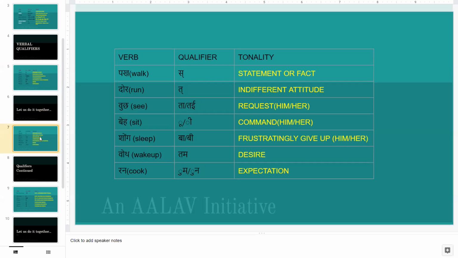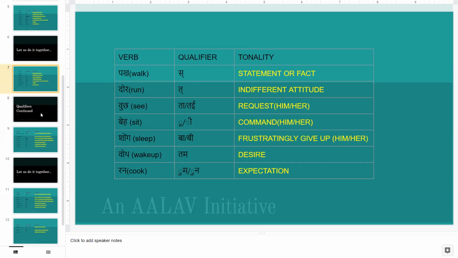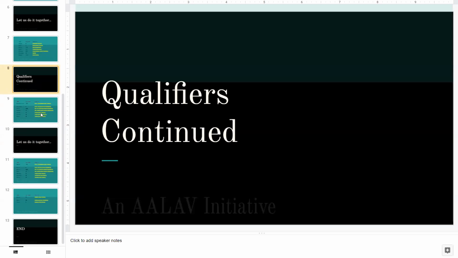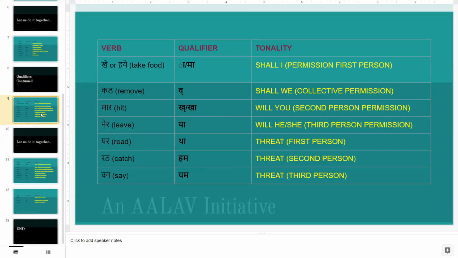You can use these to come up with sentences. Because this slide number 9 is a little bit difficult. I might have to go through this in the last module next week again. These are a little tricky qualifiers.